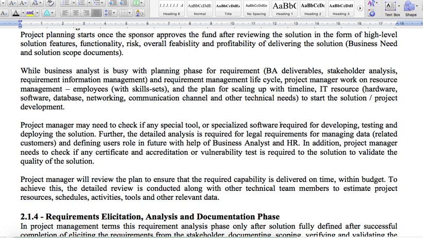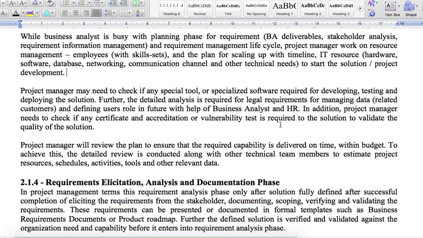And to start with the solution and the solution development, the project manager may need to check if any special tool or specialized software is required for developing, testing, and deploying the solution. Sometimes you may need a tool like Business Objects for generating reports, or you may need other tools for testing also.